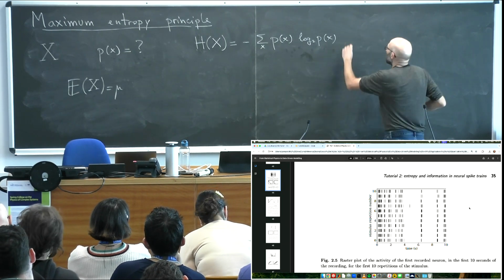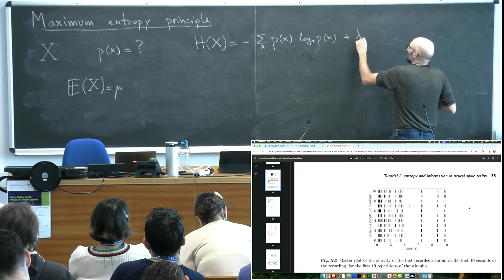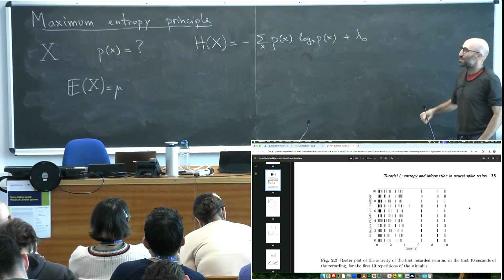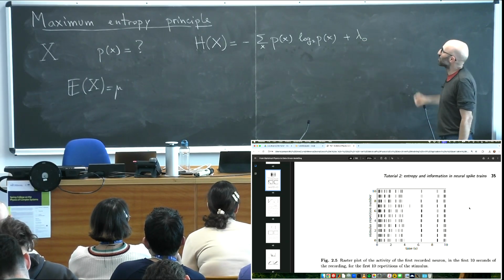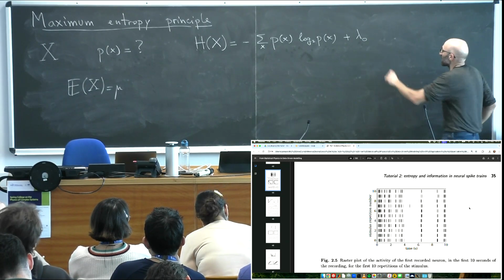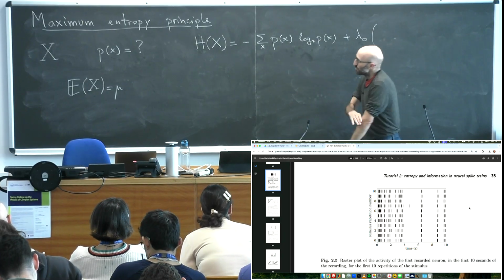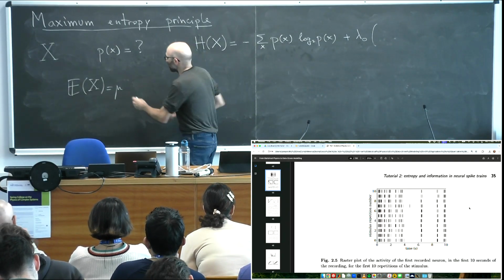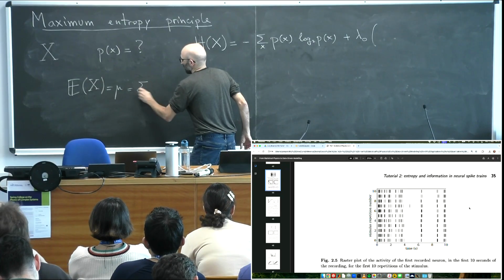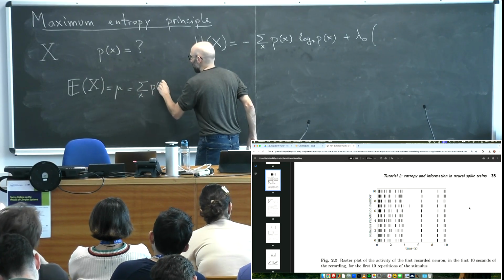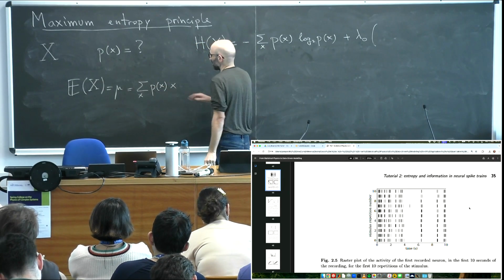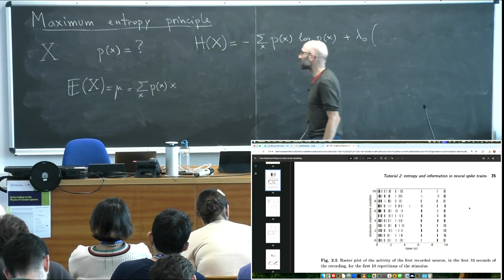So what you do, you add what is called the Lagrange multiplier, which is a real number that multiplies the constraint. So what are the constraints? This one is a constraint. For example, the sum of p of x times x should be equal to mu.